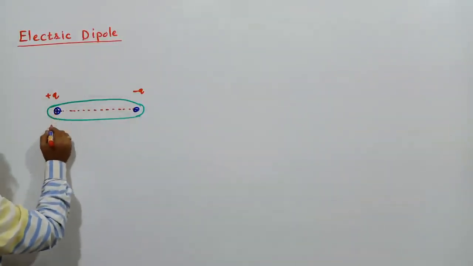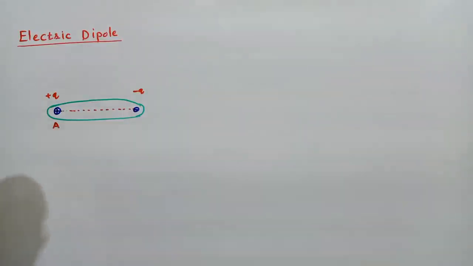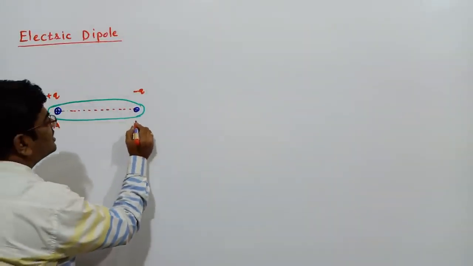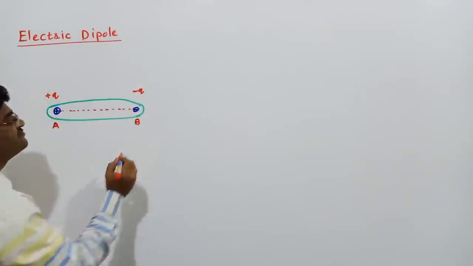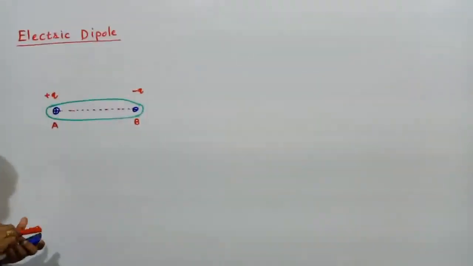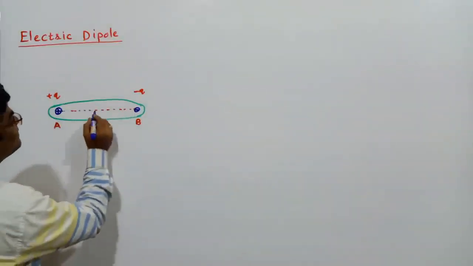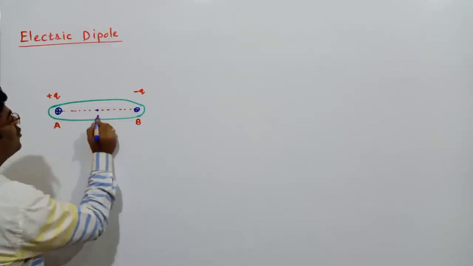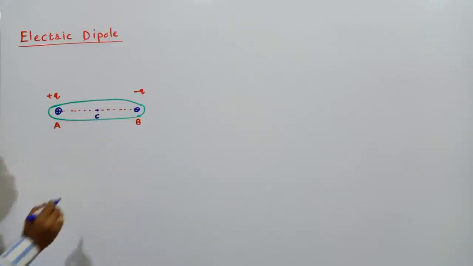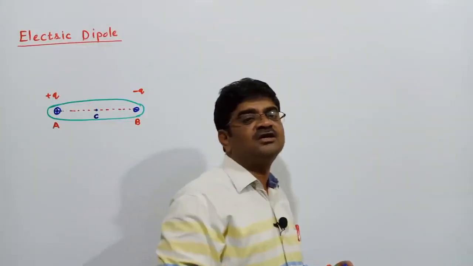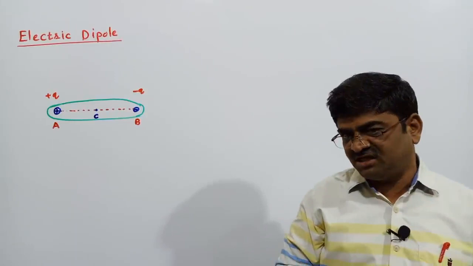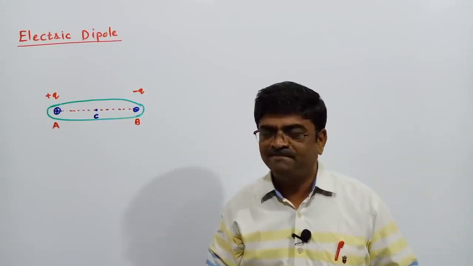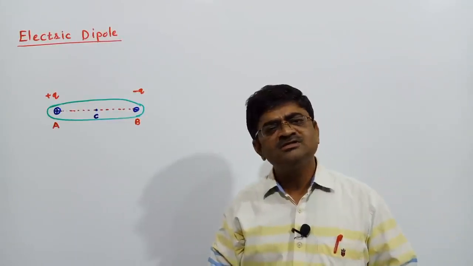The positive charge of the dipole is at location, let me mention as A. The negative charge of the dipole is at location B. And the midpoint of the separation I have got as C, which I had called yesterday the center of dipole, C. And if you remember, I had told you that it is that location which has been taken as a reference location for measurement of all the distances.